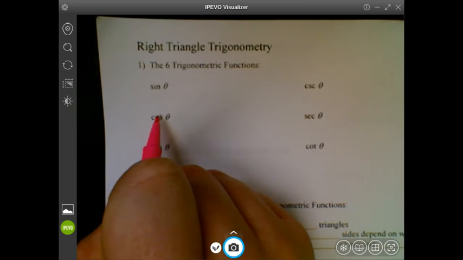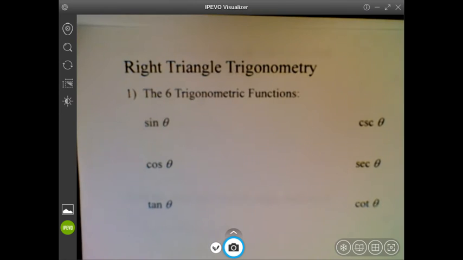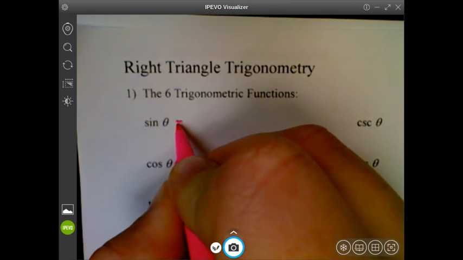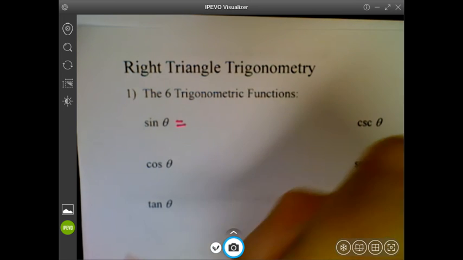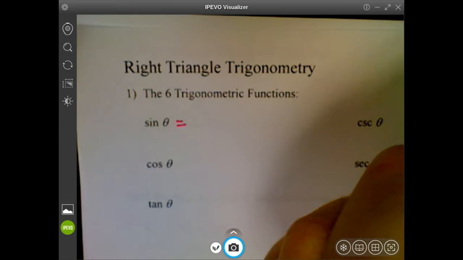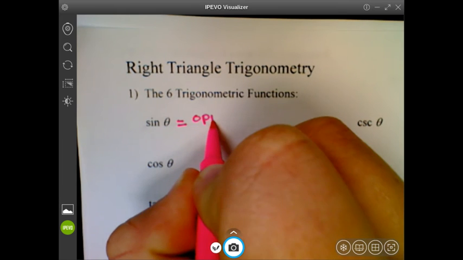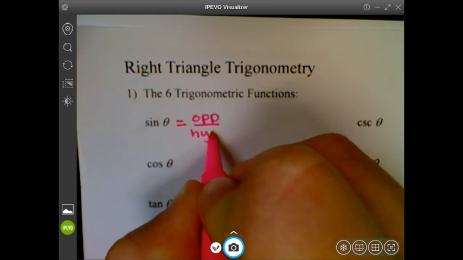If we're talking about the sine, cosine, or tangent of something, you have to have it of something. So it's of an angle: the sine of an angle, the cosine of an angle, the tangent of an angle. And if you have an angle, the sine is always the relationship between the opposite side and the hypotenuse.